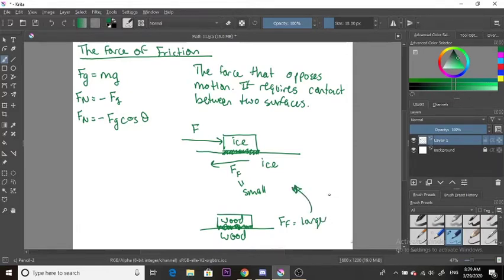Friction force depends on the roughness between the two surfaces. It also depends on your normal force. So in our formula, we're going to have something that represents the texture of the two surfaces, and then our normal force.